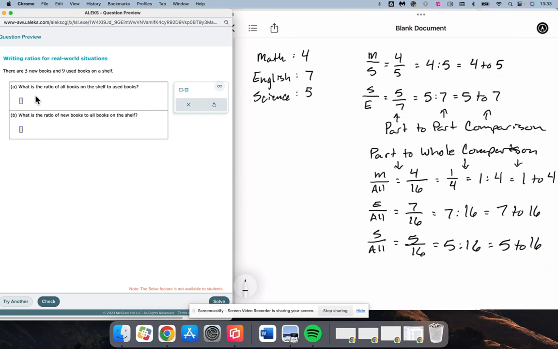So altogether there are 14 books, and we're looking to compare that to the used books, so there are 9 used books. Then we're asked, what is the ratio of new books to all the books? Whatever we read first is the number that goes first. So new books comes first, all books come second. New books there are 5, all books there are 14.